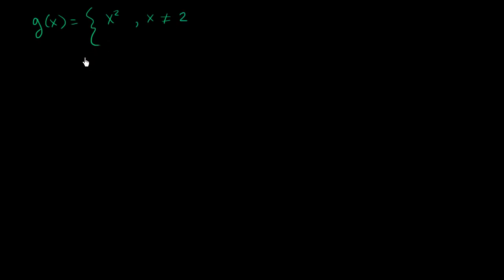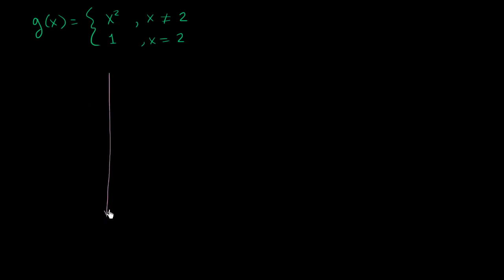And when x equals 2, it is equal to 1. So once again, a kind of an interesting function that, as you'll see, is not fully continuous. It has a discontinuity.